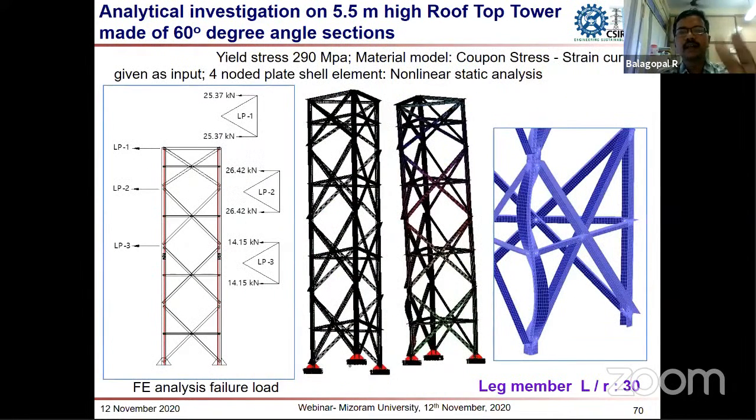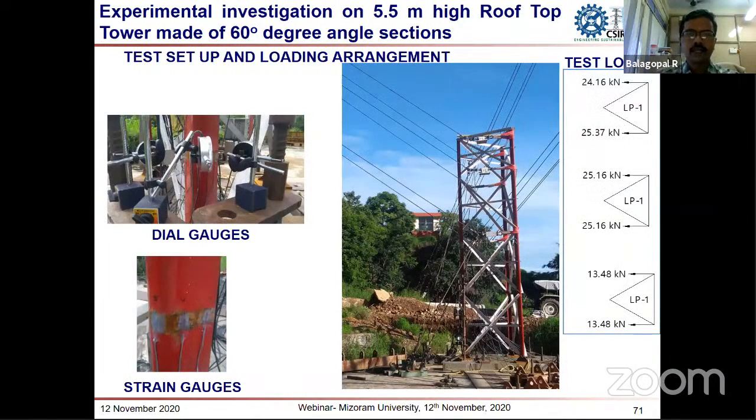We modeled the tower in MSC Nastran software, and we modeled all the angle sections using 4-noded flexural elements. We gave the stress strain curve from the coupon test we conducted as an input to simulate the non-linear stress strain behavior. We completed the model of the entire tower using the 4-noded elements, and we applied the load at 3 points, at 5.5 meter, 4.5 meter and 3 meter, as during the experimental investigation.